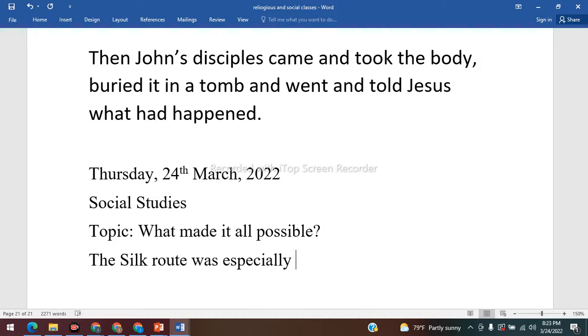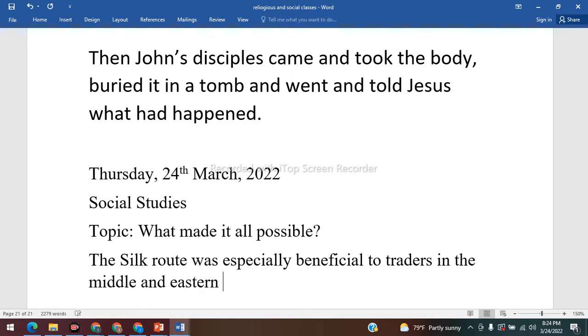So the Silk Route, probably 5 to 8 minutes over. The Silk Route was especially beneficial to traders in the middle and eastern parts of Europe, which were closer to the east.